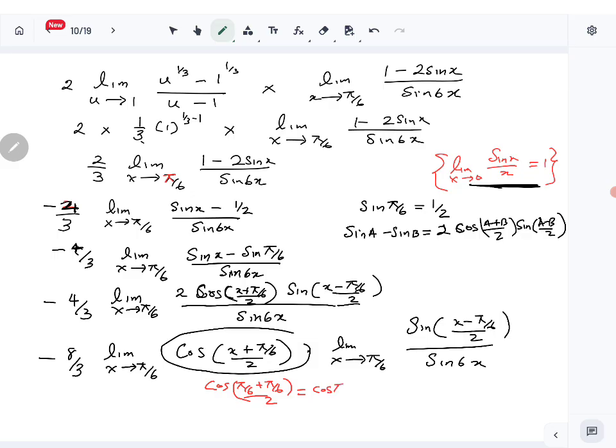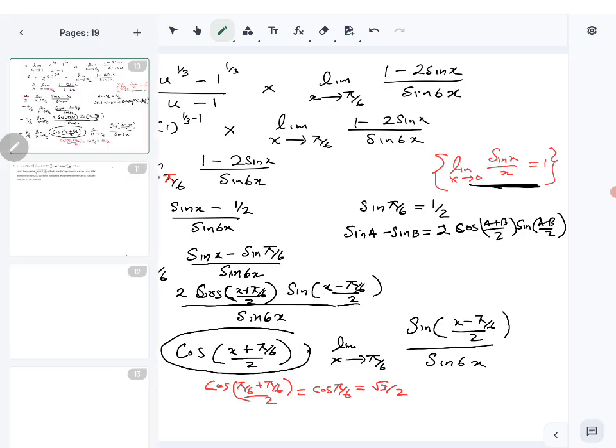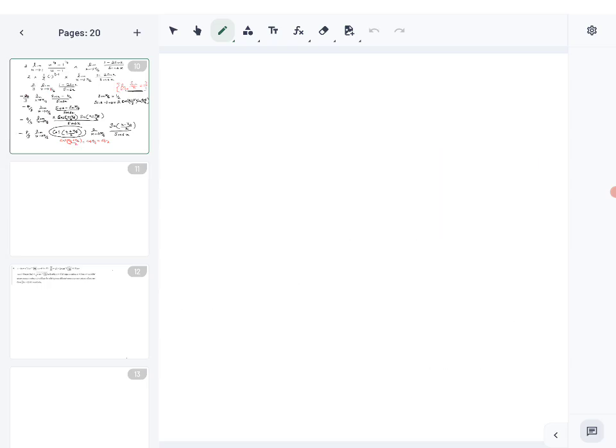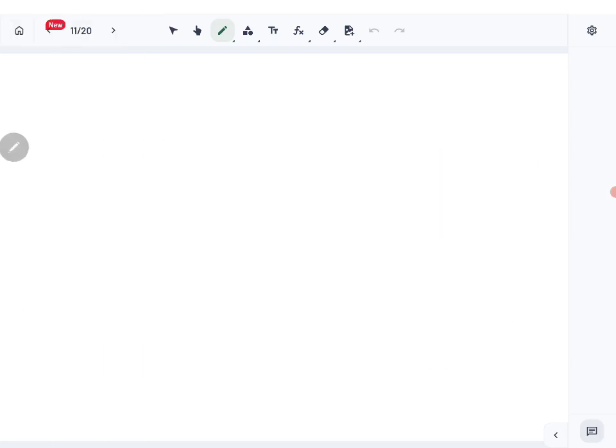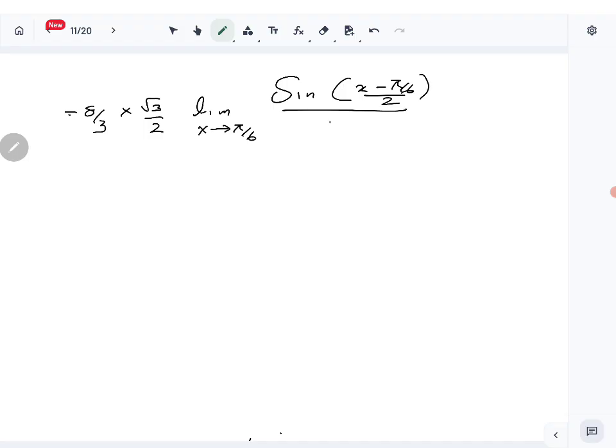So cos pi over 6, now what is cos pi over 6? Root 3 over 2. So substitute that for that part. Right, then we can write -8 over 3 times root 3 over 2 limit x goes to pi over 6 sine x minus pi over 6 over 2 over sine 6x.